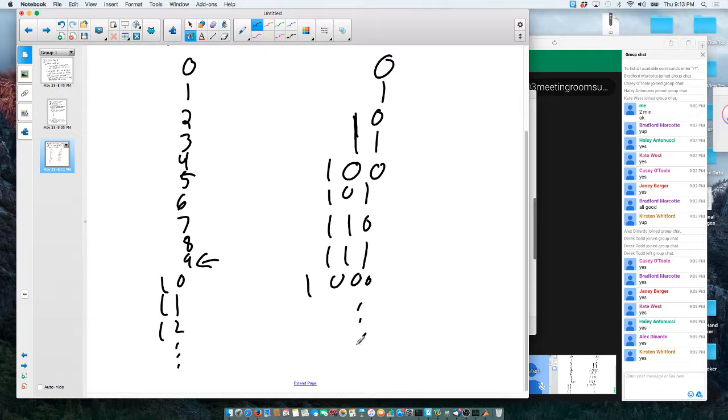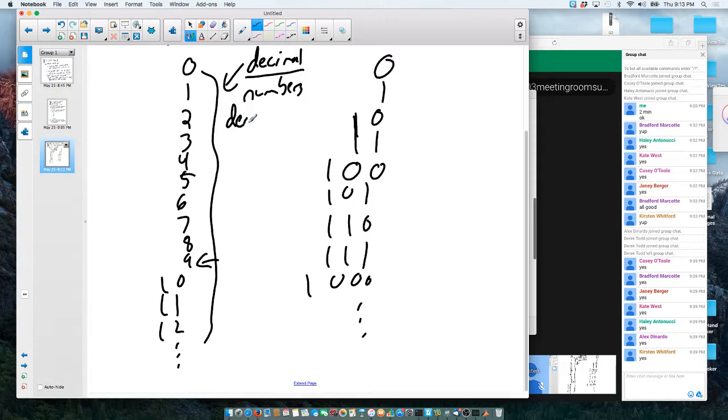So what you're seeing is that you can count with just zeros and ones. You just end up using a lot more positions a lot faster because you don't have digits like 2 and 3 and 4 and 9 to go. So these numbers are regular numbers, but they're also called decimal numbers.